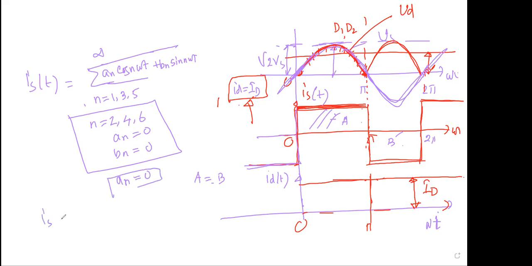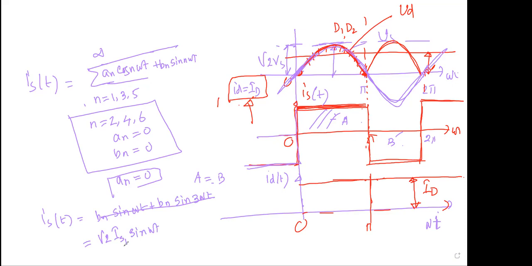And also the DC term will be 0. So eventually IS will be, let me write it this way, it is better: root 2 IS1 sine of omega t.